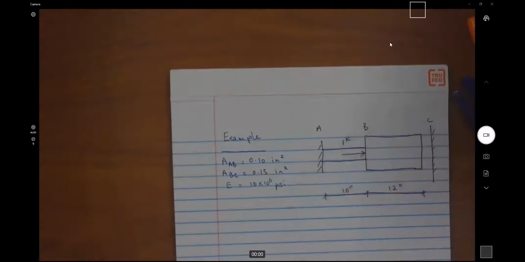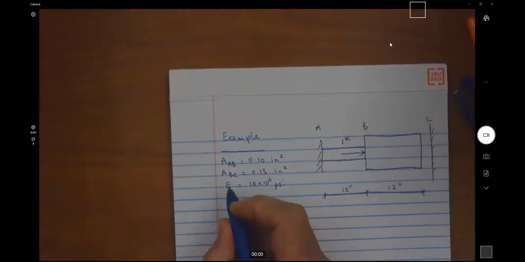And the two cylinders are subject to a force applied at B of 1 kip.